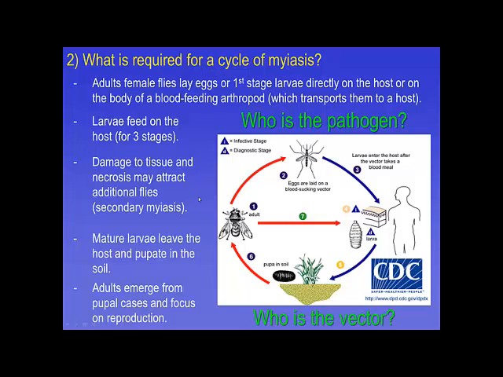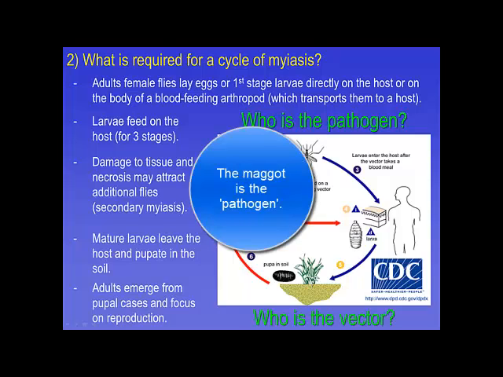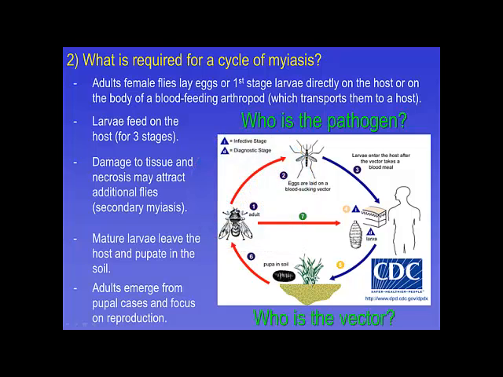So with that general overview of a myiasis life cycle, let's discuss who is the pathogen in this life cycle. And the answer is the pathogen would be the fly larvae or maggot, which is responsible for the disease condition. So the larvae is causing the disease state, so it would be considered the pathogen in this transmission cycle. And then who is the vector?